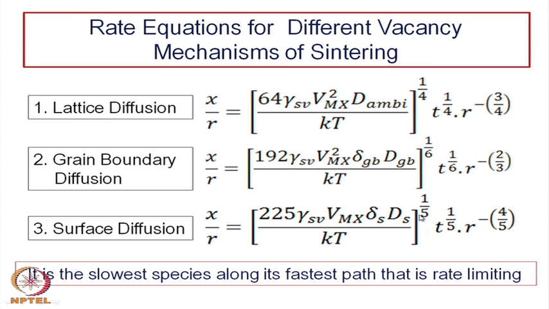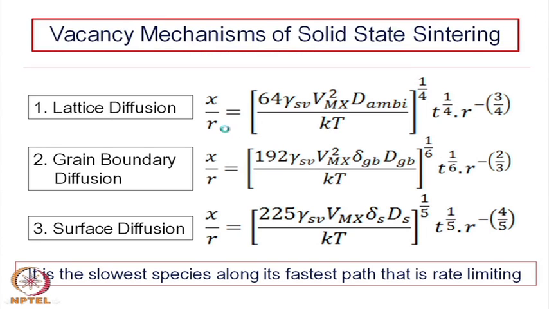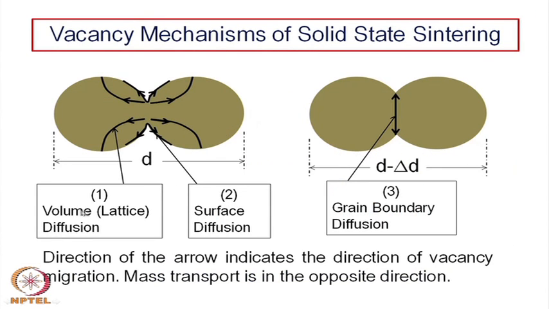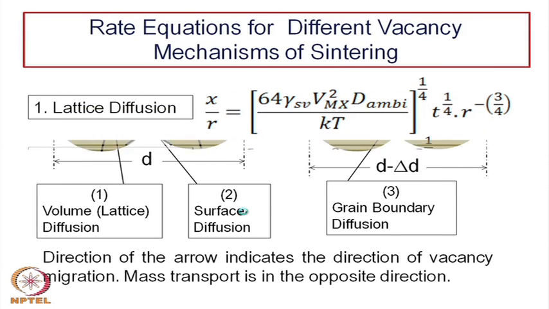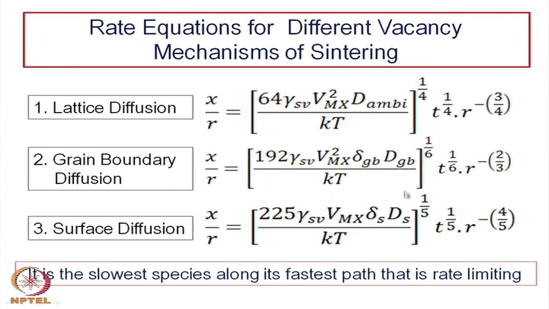We have introduced three different paths, all of them controlled by a diffusion coefficient, but the values of the diffusion coefficient and their activation energies will be different. That is why different terms have been used here. Then of course, these numerical values are again different, one is 64, another 192, another 125.